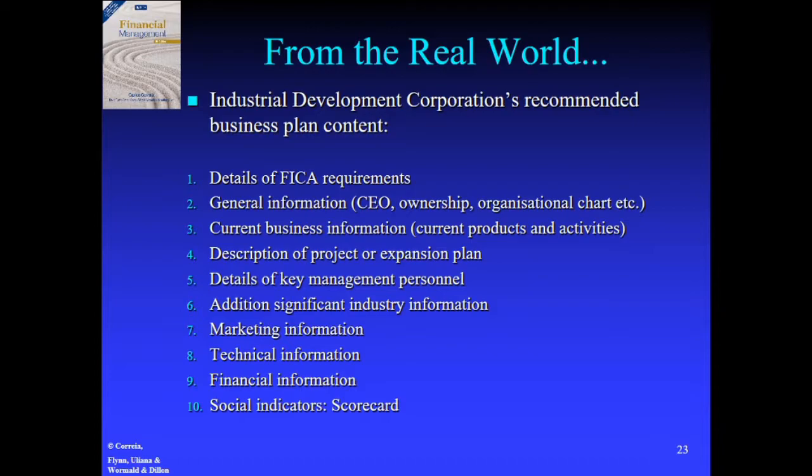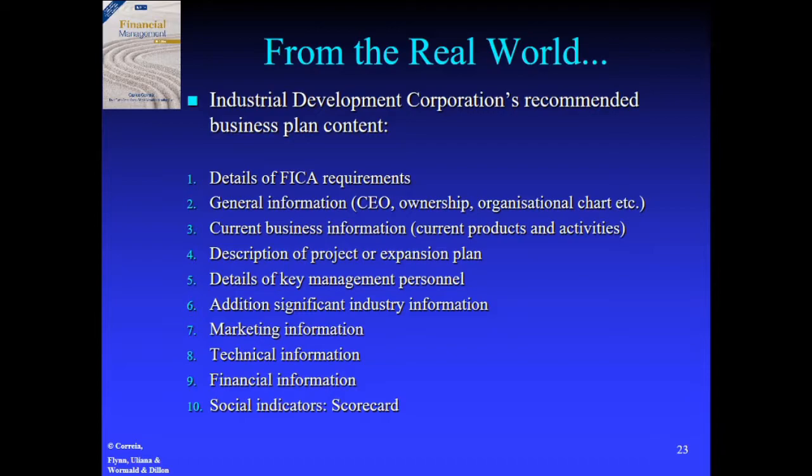A description of project or expansion plan will also need to be given. So this would be proposed products or services that the company wants to get involved in the future, the raw materials and suppliers that it needs, as well as the number of new jobs and any takeover information if it is planning a takeover. Details of key management personnel will also need to be included.